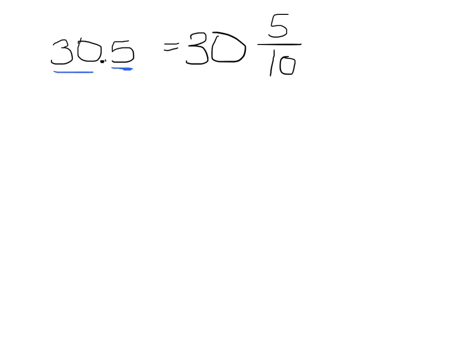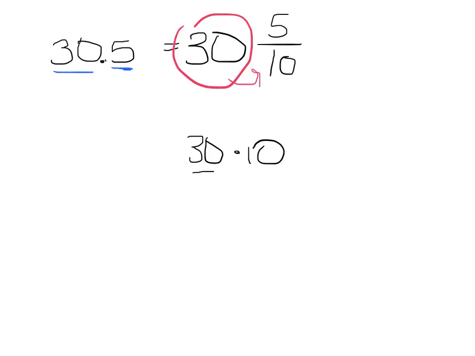Now I have to write that as an improper fraction because this still isn't in m over n form. So I have a mixed number and I need to make it into an improper fraction.